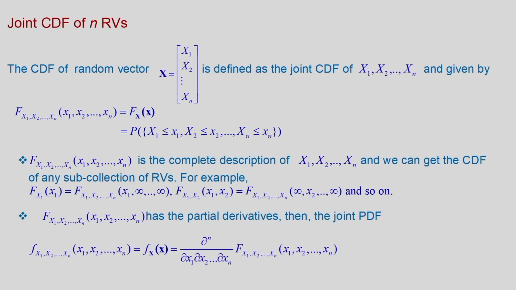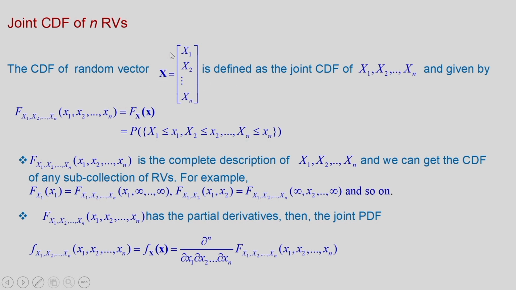Now, let us go to a more general case, the joint CDF of n random variables. The CDF of a random vector X denoted by X1, X2 up to Xn is defined as the joint CDF.